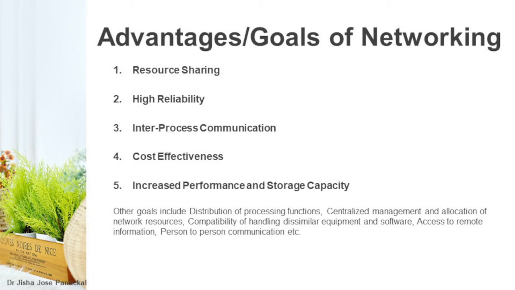That means we can have the same functionality of a mainframe computer or supercomputer with the help of sharing the particular computers' resources. For example, we can have a shared file server, and we can store a huge amount of data inside the computers.